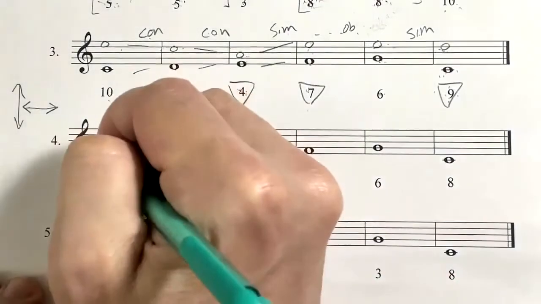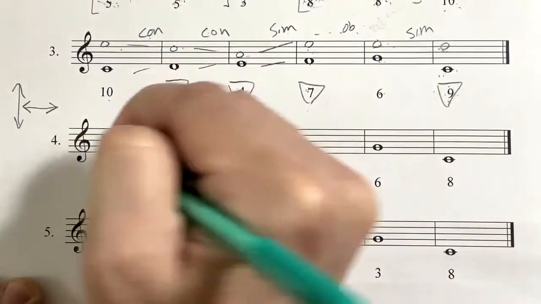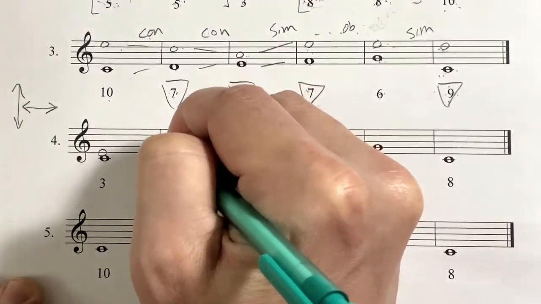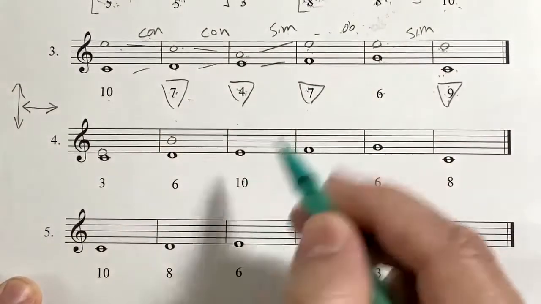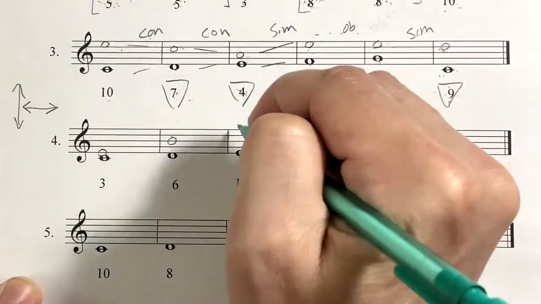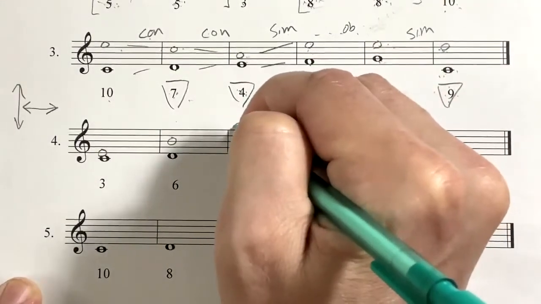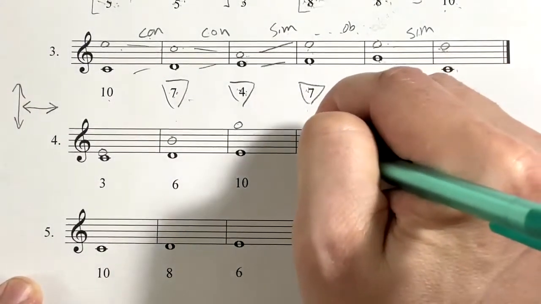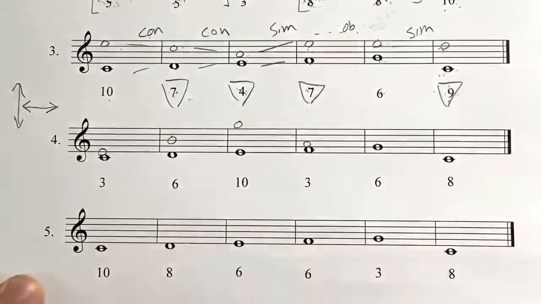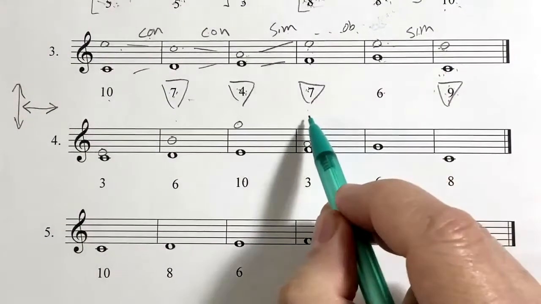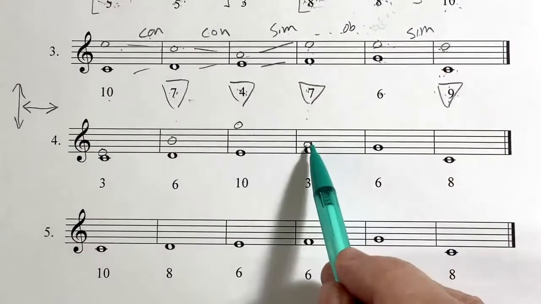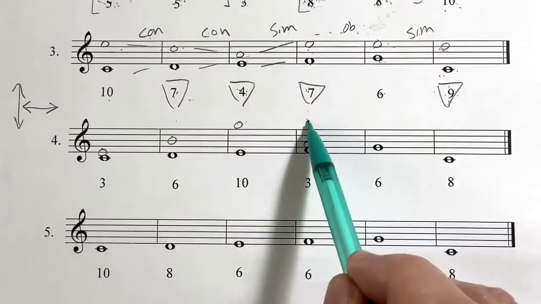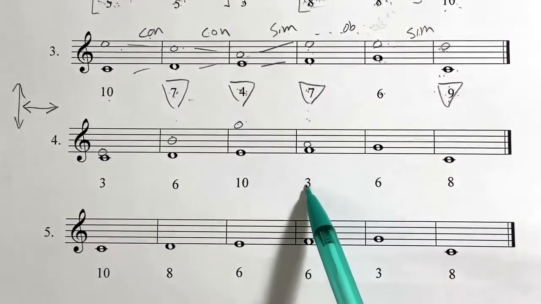So here we have a third above C, which is E. Here we have a 6th above D, which is B. A 10th above E, well, a third above E is G, so a 10th above it is G. A third above F is A. If you wrote the octave above, you'd have a 10th, which actually in some ways would have made more sense in terms of being smoother, going up to the A an octave, but technically I'm asking for the third.